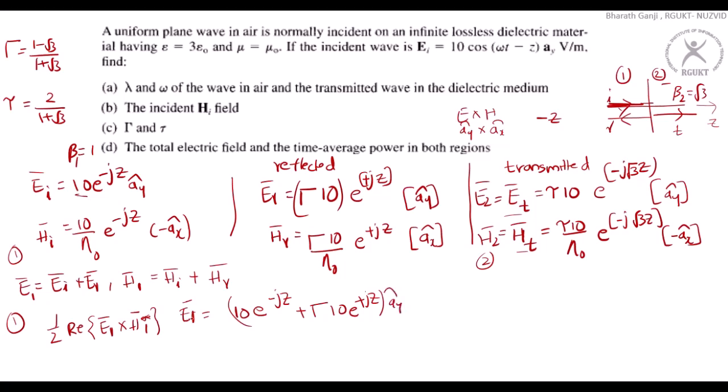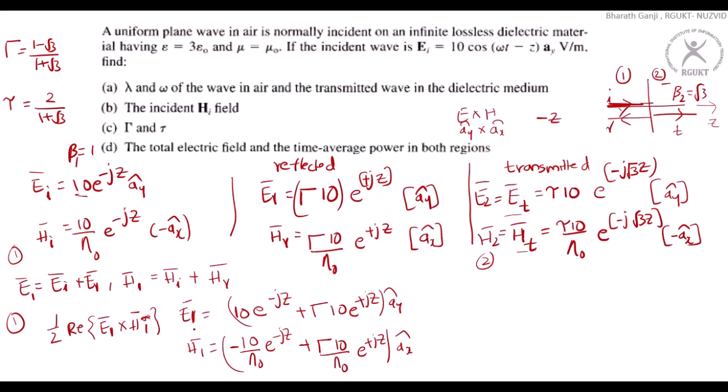This is your E1 field, whereas your magnetic field H1 is 10 by eta naught e power minus jz with a minus sign, plus tau into 10 divided by eta naught into e power plus jz, this whole thing times ax cap.